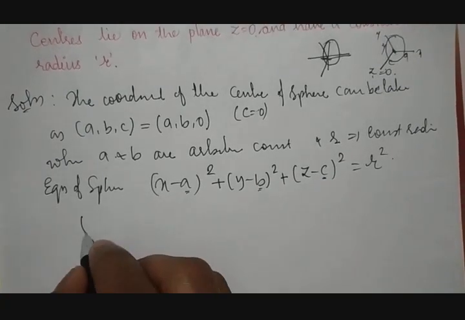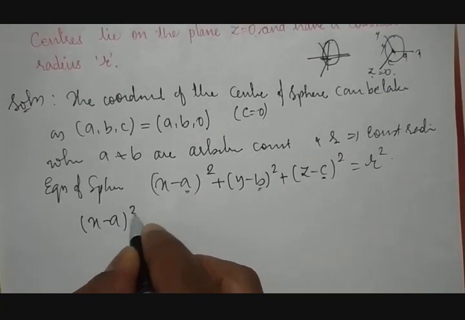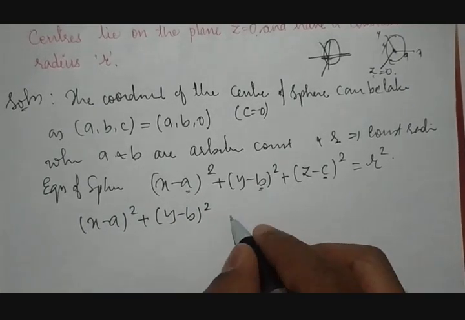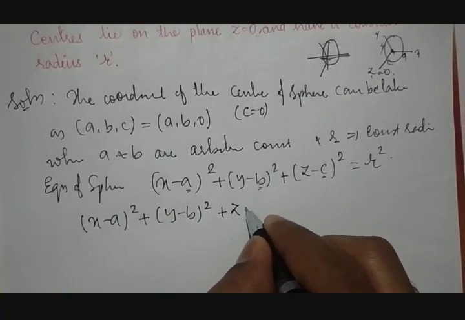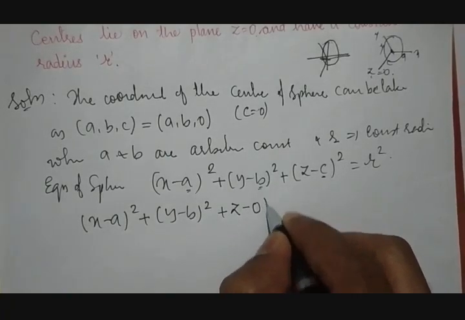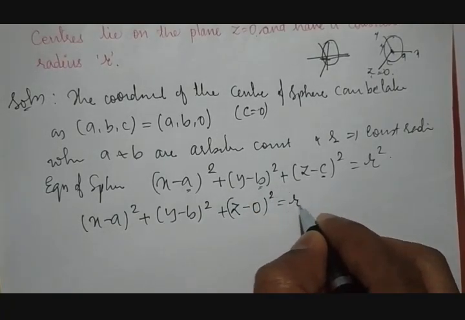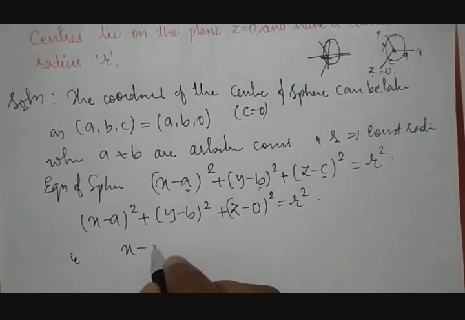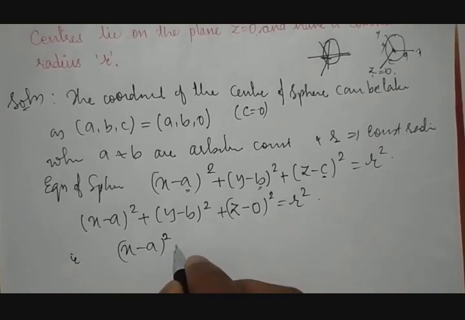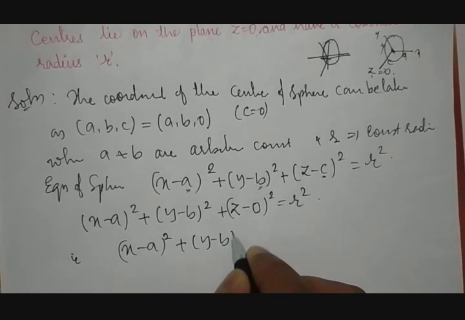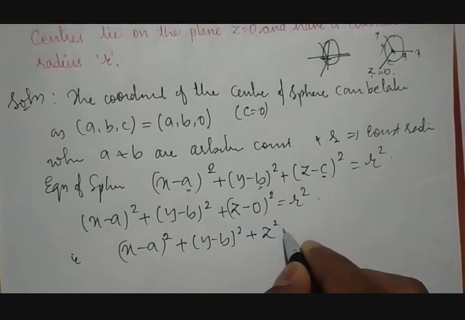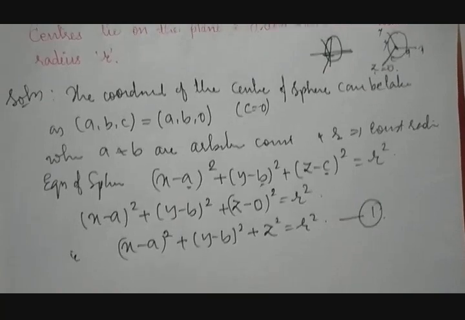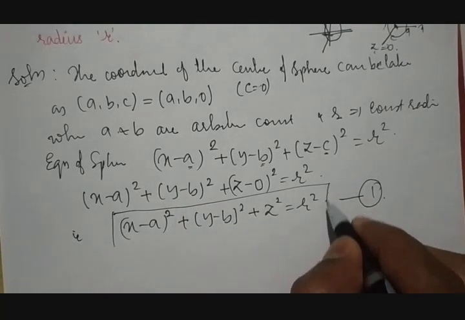Therefore this equation becomes x minus a whole square plus y minus b whole square plus z square is equal to r square. We call it equation number 1.